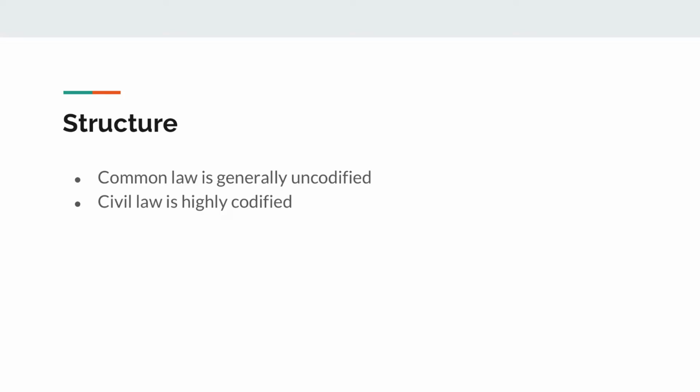All of those are found in codes. Civil law puts a great emphasis on system and structure. And one of the reasons that civil law has spread so widely is that there are similar patterns in the organizations of legal topics across different civil law systems.